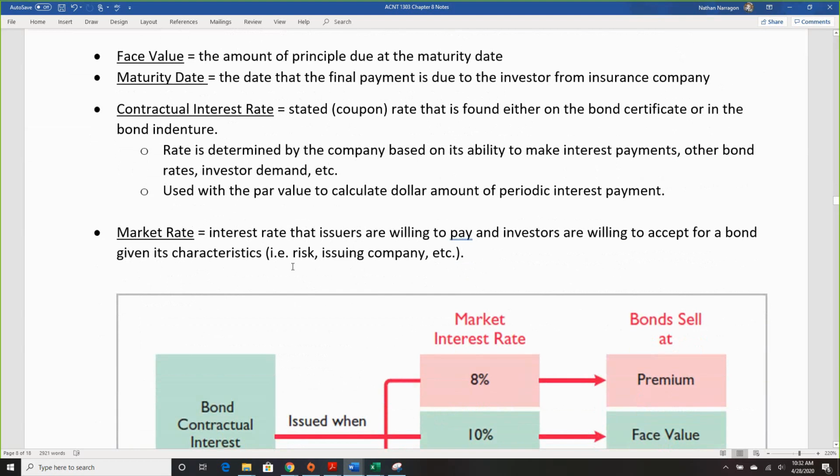The other rate that we do look at too, especially when it comes to bonds, is known as market rate. And this is the interest rate that issuers are willing to pay and investors are willing to accept for a bond given its characteristics.